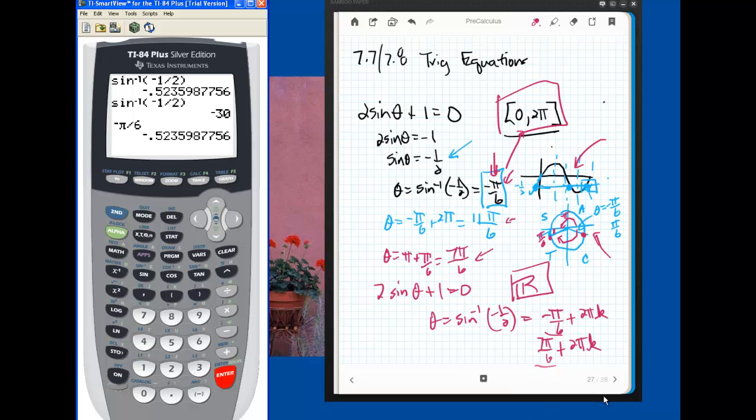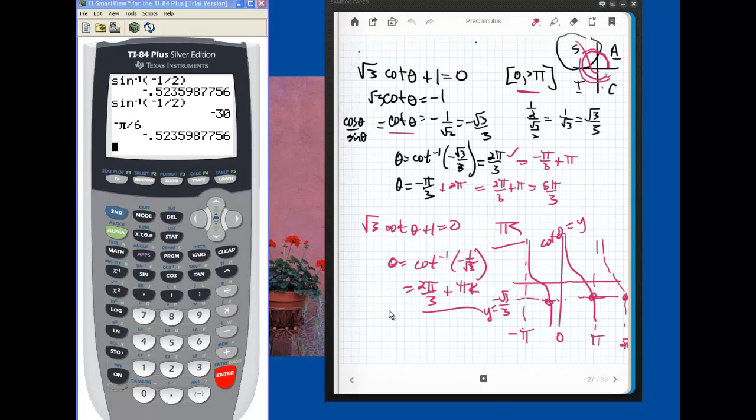Now, the cotan one is a little trickier, because notice my calculator doesn't have an inverse cotan on it, and it's not 1 over this. We got to be really, really careful. Watch.